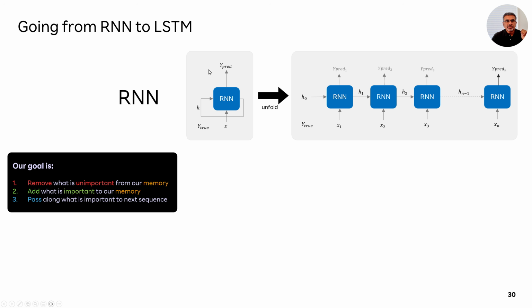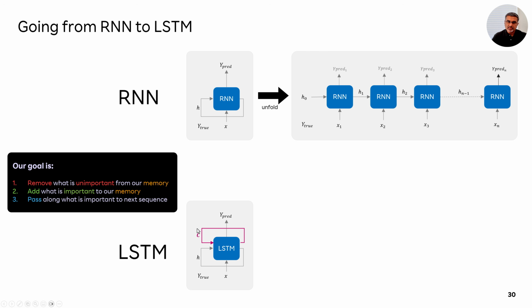So our goal now is to take this architecture and convert it by adding a few things. Number one is that we add this concept of a long-term memory. This context state that exists in an RNN, which in an LSTM is called the short-term memory, continues to exist. But we also need to capture this long-term memory.